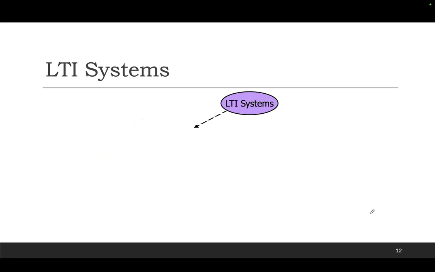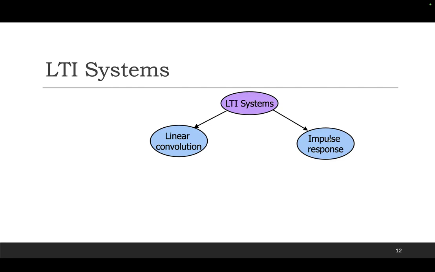When we talk about LTI systems, what do we talk about? What do we learn? We mainly focus on how to use the input to represent the output. Am I right? And we learn linear convolution, and also the impulse response. What is the impulse response?